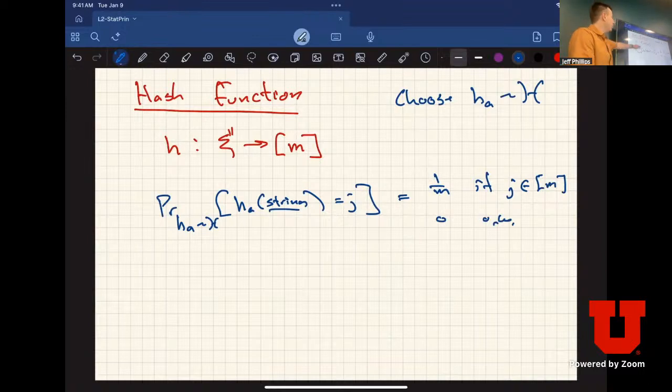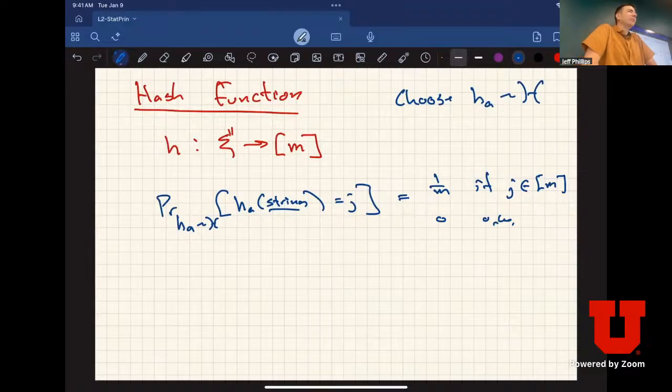So a uniform hash function, if I choose it randomly from the family of hash functions, is going to, for any string, have equal probability of being each of the j in this space. So this would be one way. Another way that this distribution that we're going to study a bit today is going to arise.